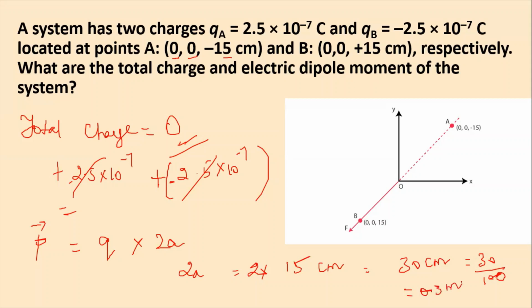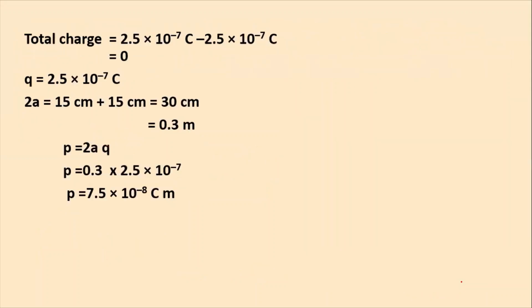Now you have to substitute this value 0.3 into the charge value 2.5 into 10 power minus 7. So you will get 0.3 into 2.5 into 10 to the power minus 7. 2.5 into 0.3 is 0.75 into 10 to the power minus 7 coulomb meter.